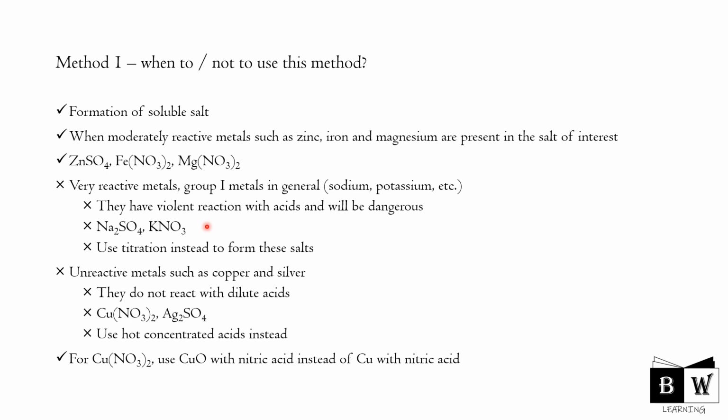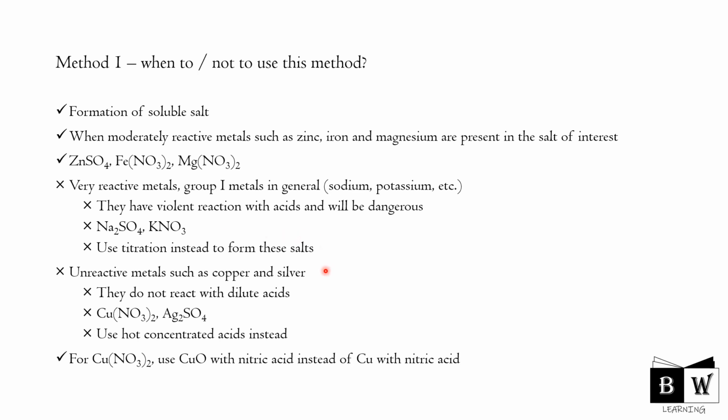So group 1 metals being very reactive, they would have a violent reaction with the acid, and this will be very dangerous. Instead, in the subsequent video, we will see that the titration method is a much more suitable method for the formation of these types of salts.